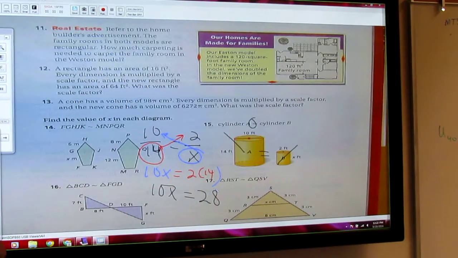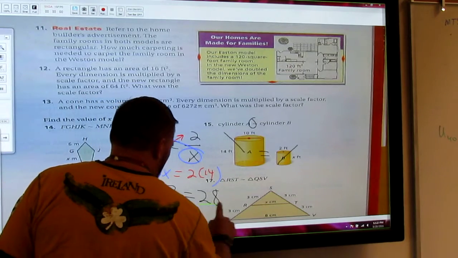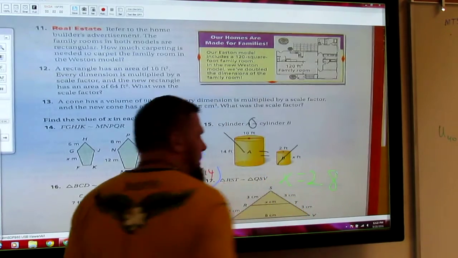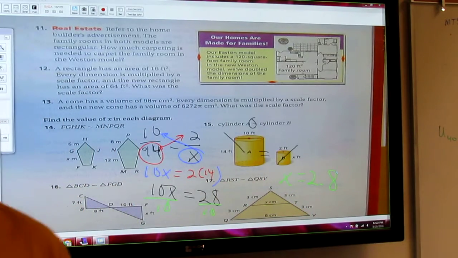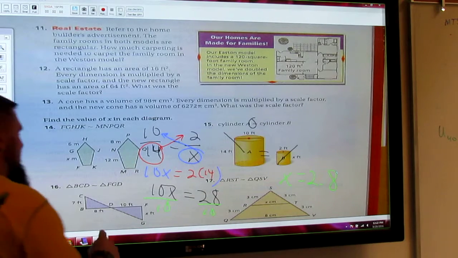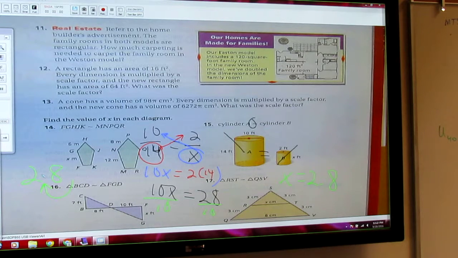And then I divide by 10, and x is equal to 2.8. How did I do that? Divide by 10. I moved the decimal over 1, because I was dividing by 10.